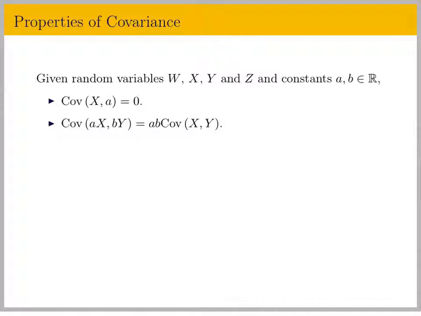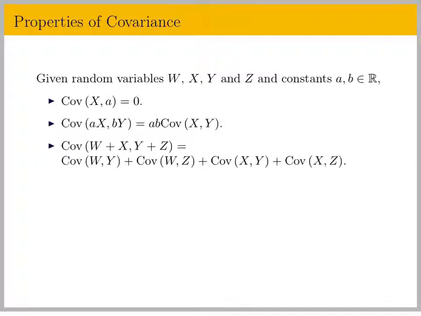Then, this should be apparent from our previous proof, the covariance of aX with bY is just ab times the covariance of X and Y. That should be very easy to show now using the definition of covariance. And then this one's a little bit more interesting.